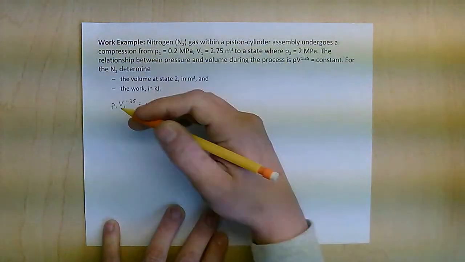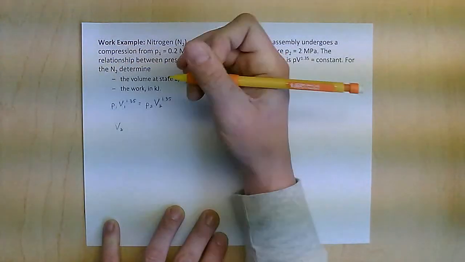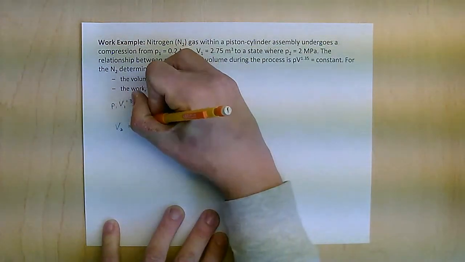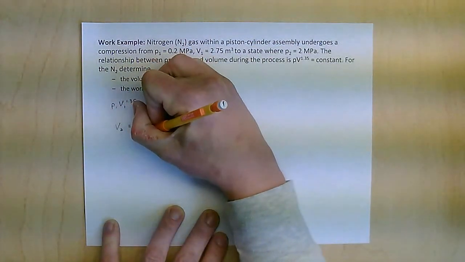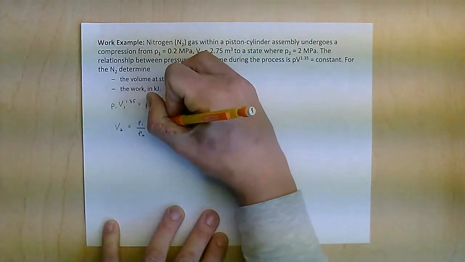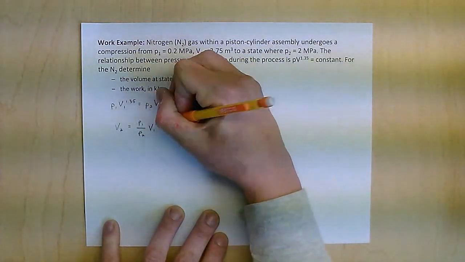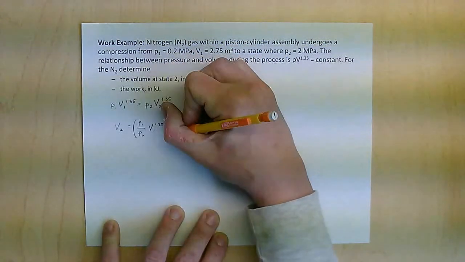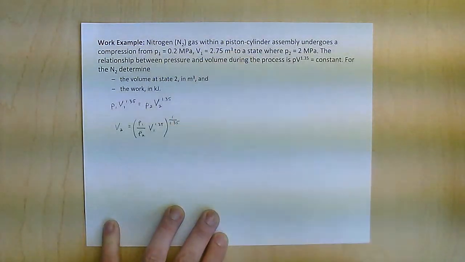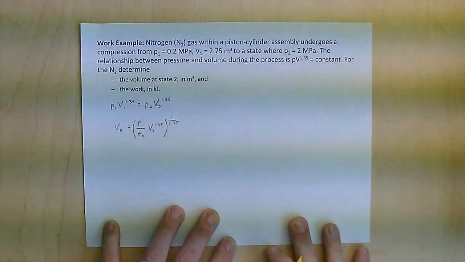The only thing I don't know is V2, so that V2 becomes basically P1 over P2 times V1 to the 1.35, and of course I'm going to take this to the inverse power 1.35, like so.